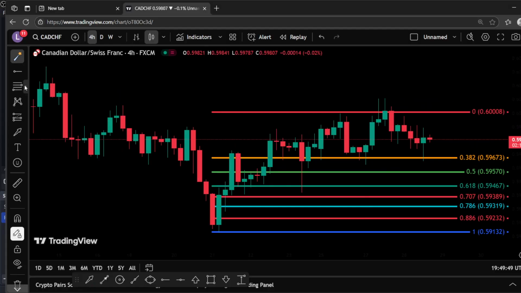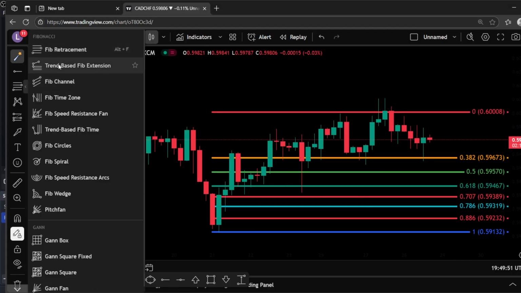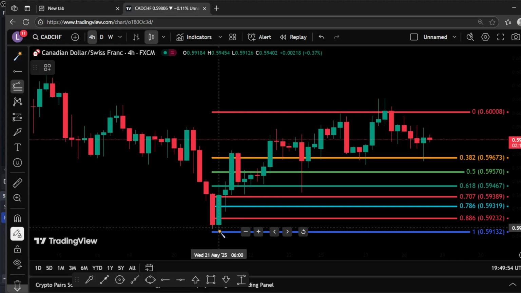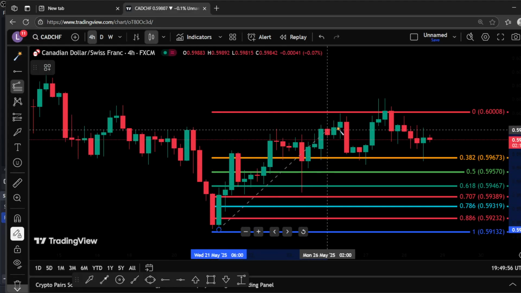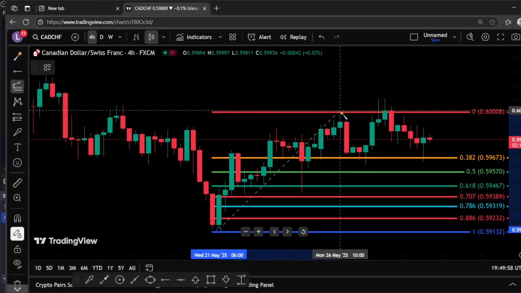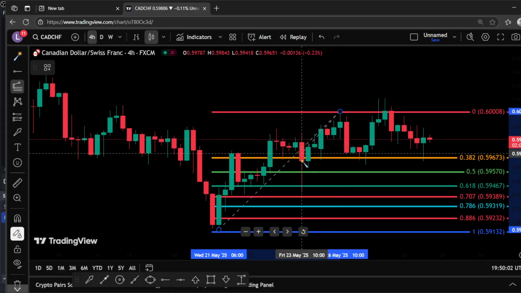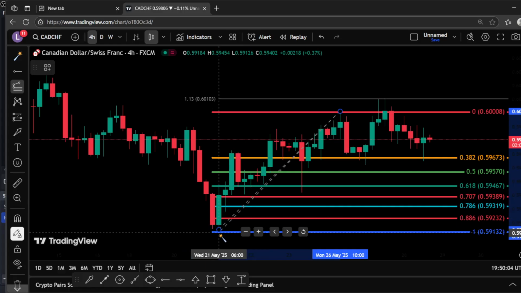And then you take your fib extension, you measure from this low to where it ended before this pullback right there, and then you retraced.